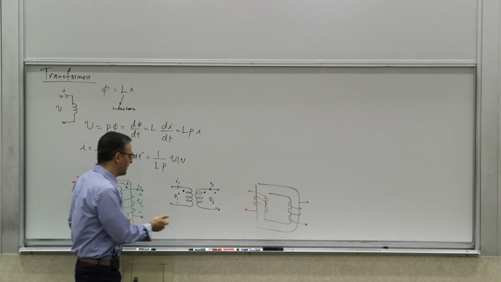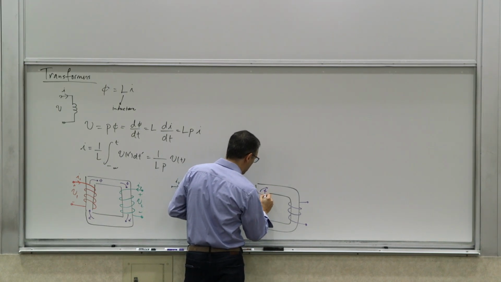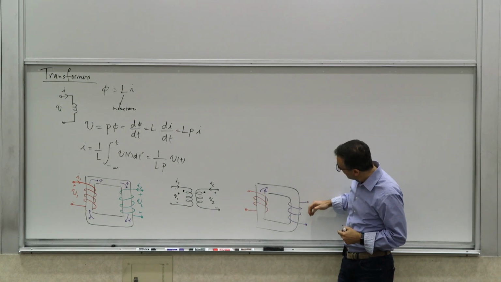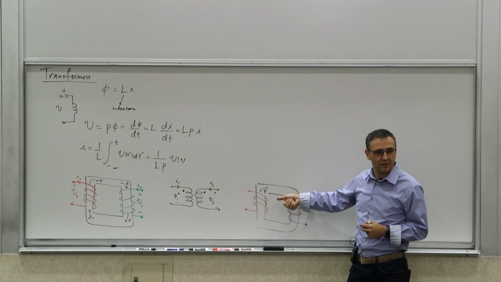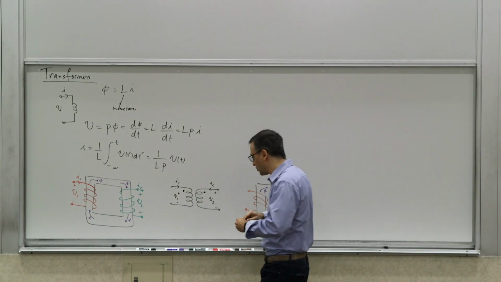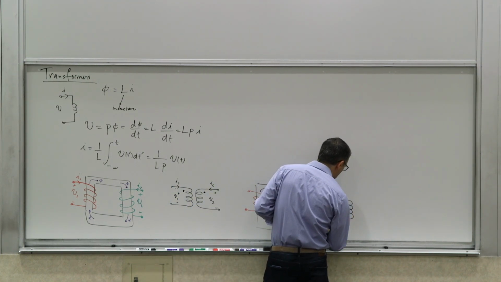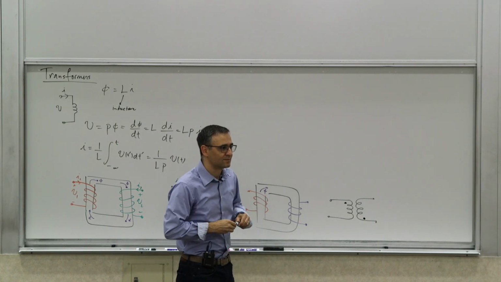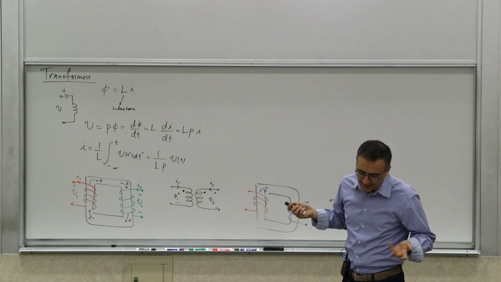So if you look at it carefully, the red side still has the same flux linkage as before. The direction is in this direction, right? But this one, if there's a current coming in this direction, it produces a flux linkage that goes in the opposite direction. So the way we draw this picture, to keep it consistent, is that we draw a similar symbol, and we put a dot here, and the other dot is there. So it's in the opposite orientation, meaning that they have opposite linkage.